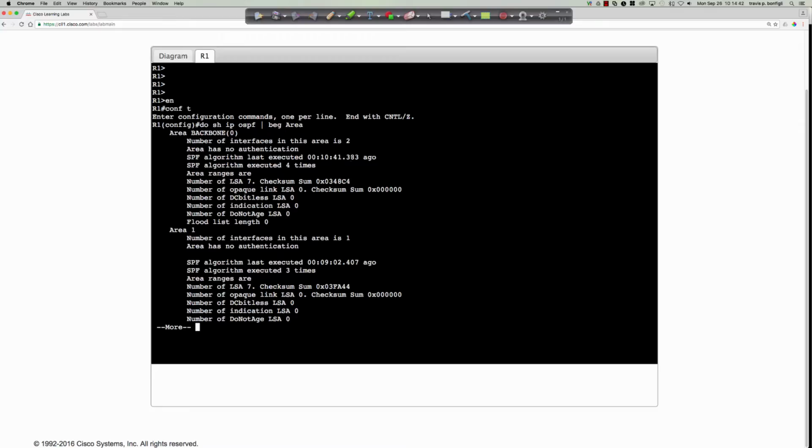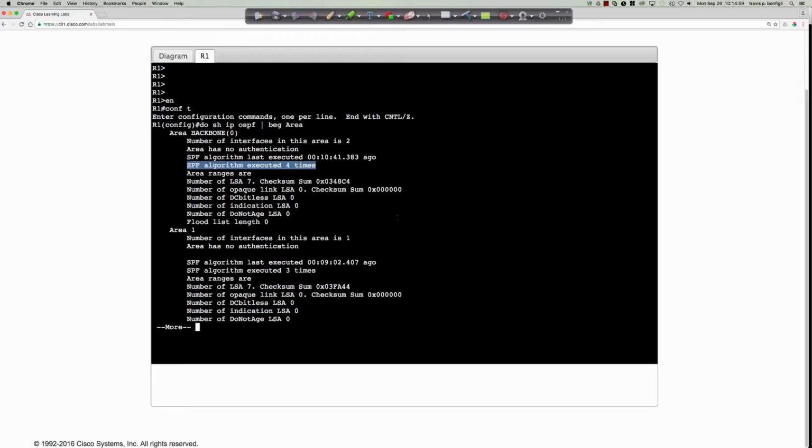So we can see how many times the SPF algorithm has run, right? This is how many times we've had some sort of a change in the environment. It could be a link up, a link down. It could be a change in the bandwidth if someone has manually changed the bandwidth.